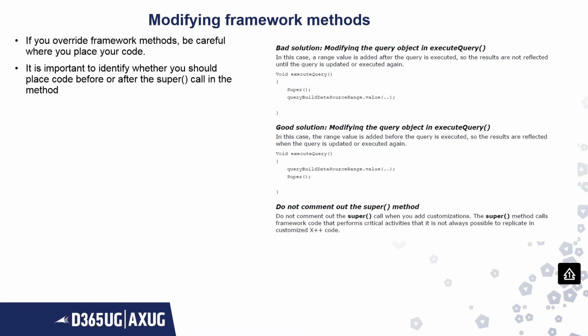So super should be the last statement in your code, after whatever you want to code on that. For example, here in this case, the query build source is kept above the super method.